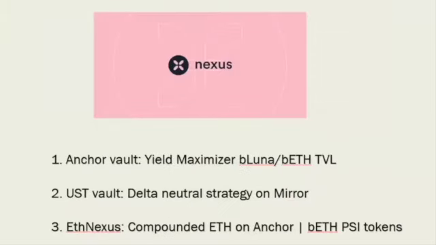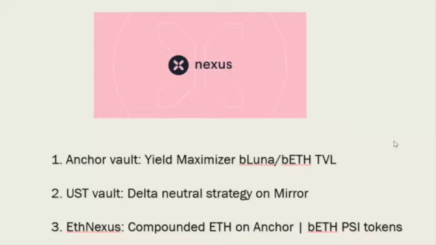And next is Nexus Protocol. Nexus Protocol has three vaults. First is the Anchor vault, and what they do is they maximize your yield on Anchor. So right now, a lot of people are doing this: they use their Luna, they bond their Luna as collateral on Anchor, then they borrow money and put their money back into Anchor to get the extra 20%. And the problem with this is you have to keep watching your liquidation LTV ratio.